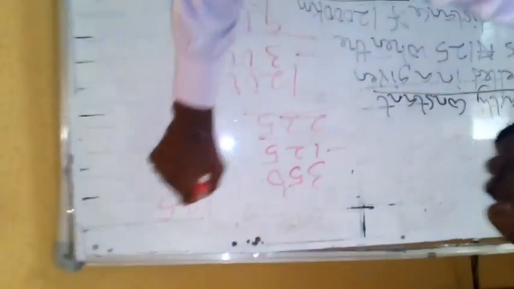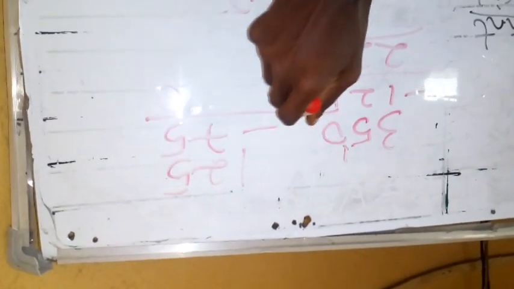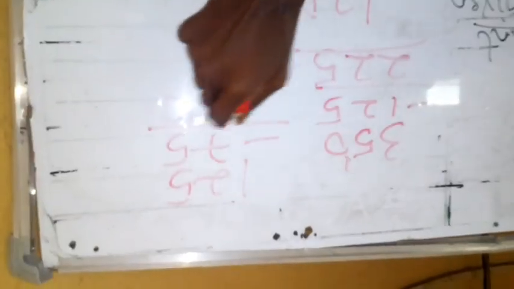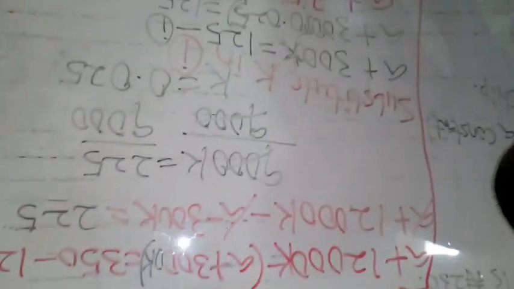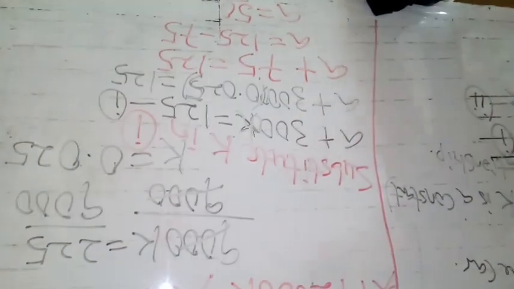Now let's solve it. 125 minus 75. 5 minus 5, that is 0. 2 minus 7, impossible. Then 12 minus 7, that is 5. Our A is 50. We have been able to get the two constants, the constant A and the constant K.